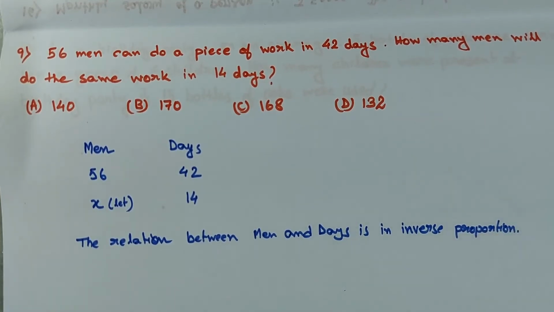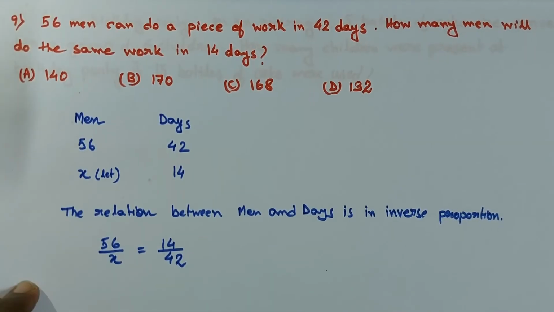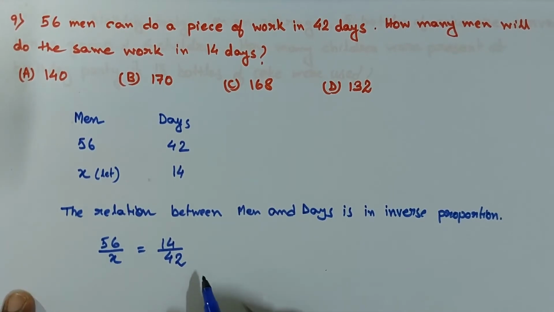Okay, so this is 56 by x will be equal to 14 by 42. So 56 by x equals 14 by 42.